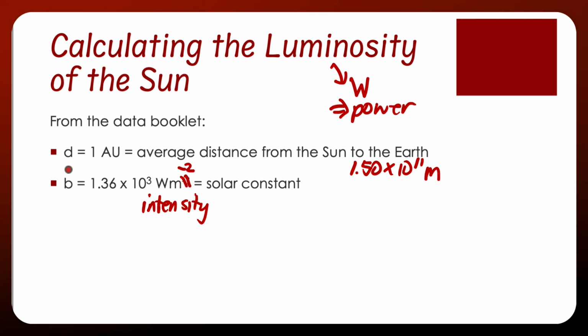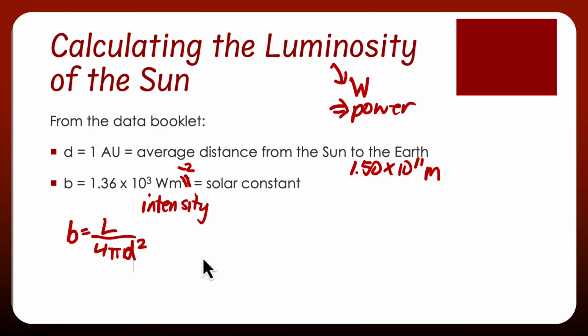So let's think, if I have just this information, can I find the luminosity of the sun? Well, brightness is going to be luminosity over 4 pi d squared, d being the distance from the earth to the sun.